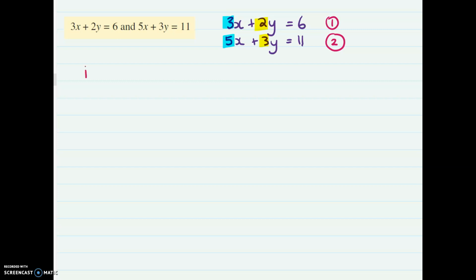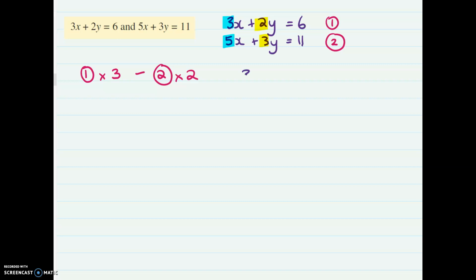So I'm going to take equation 1 and I'm going to multiply everything there by 3. And I'll subtract equation 2 if everything's multiplied by 2. So by timesing equation 1 by 3, I'll end up with a 6y. And by timesing everything in equation 2 by 2, I'll end up with a 6y. And because they're both 6y, I need to subtract. They're the same sign.